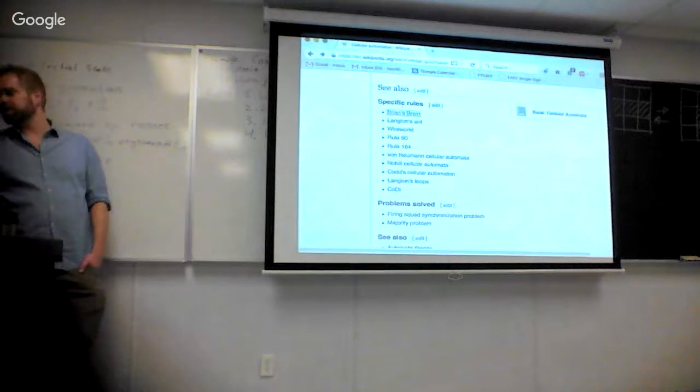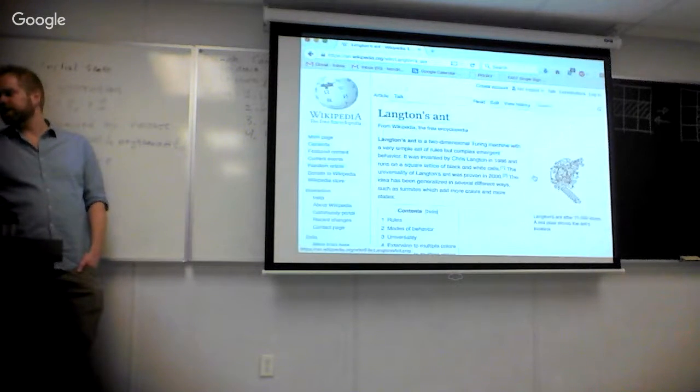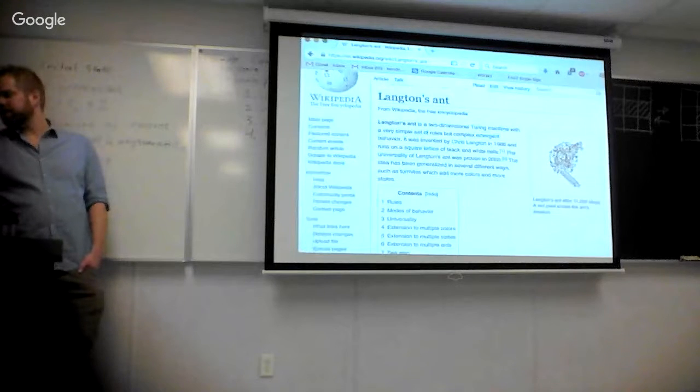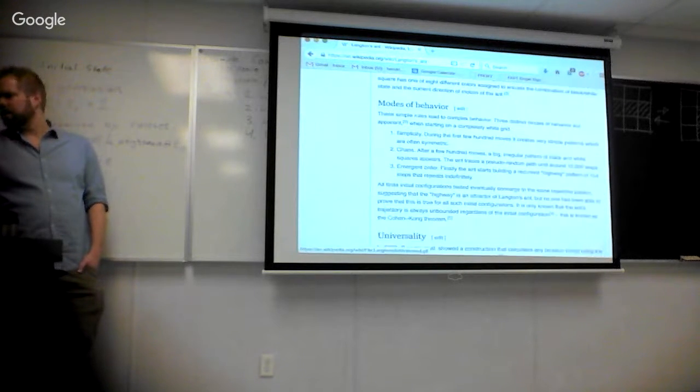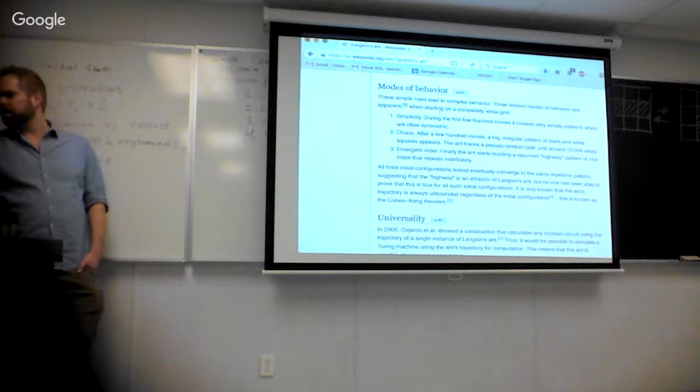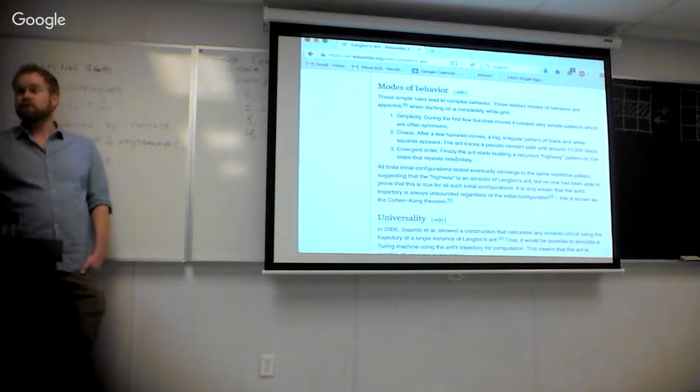What are some other examples? Langton's ant. Okay, and this is one that can produce regular patterns, or I'm not sure if they're chaotic. Let's see. Yeah, chaos. Okay. So there's kind of 3 distinct modes here: simplicity, chaos, and emergent order. Okay.